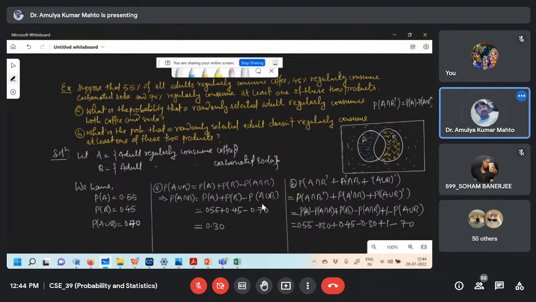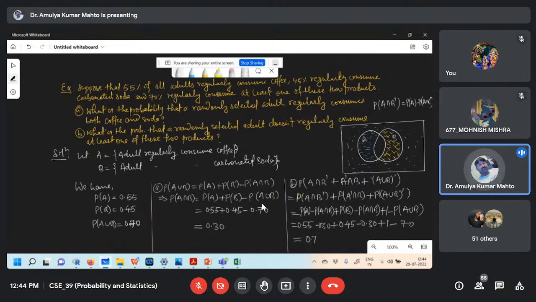You can calculate this value. What is the value? Give me the value. 0.70 final answer. Okay, so this is how you can get these probabilities.